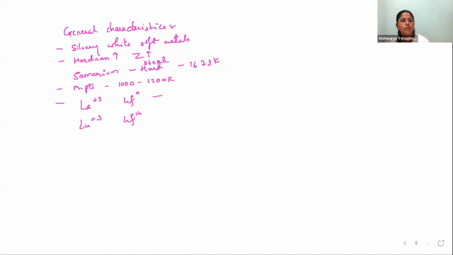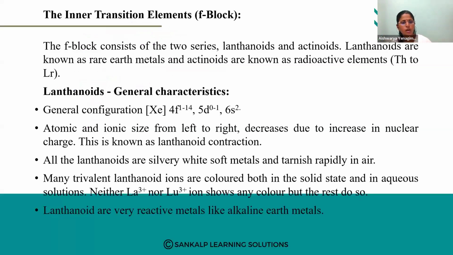Okay, let us see the next property of lanthanides. Many trivalent lanthanide ions are colored both in solid state and in aqueous solutions. Neither La plus 3 nor Lu plus 3 ion shows any color, but the rest do.